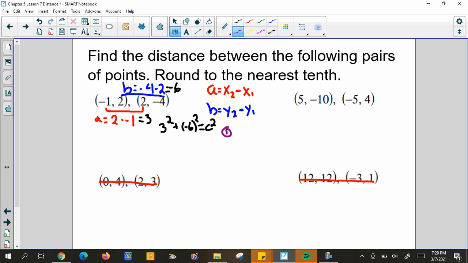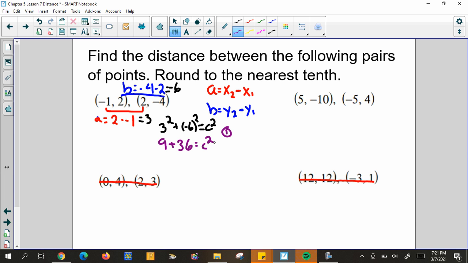Now, we have not seen what happens when a negative is in here. But this first step where we will evaluate the squares, 3 times 3 is 9, -6 times -6 is positive 36.